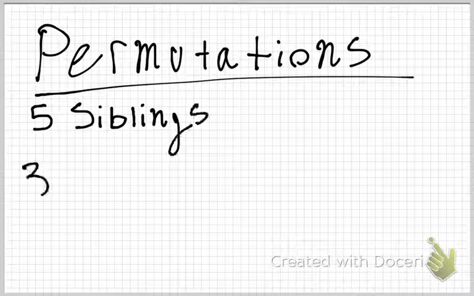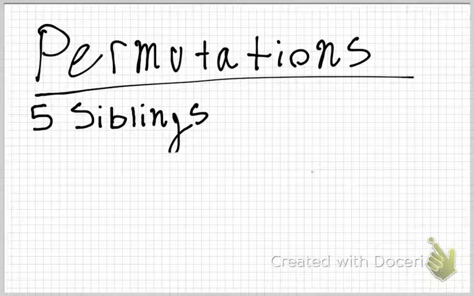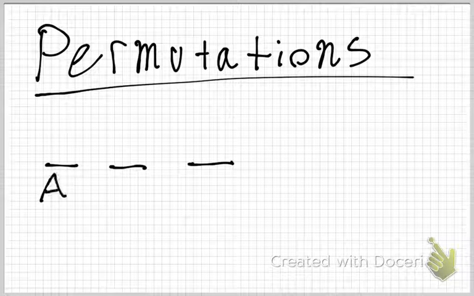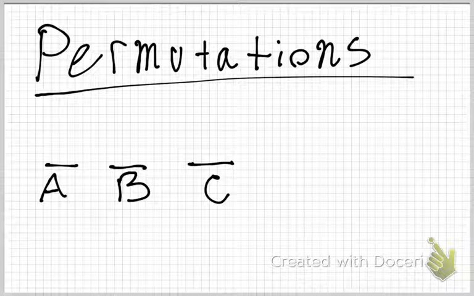All right. Just to recall, we've got five siblings and we've got three seats. I wanted to know how many ways I could seat three of those five siblings. So I had seat A, seat B, and seat C. Now for seat A, think about it. How many different total choices do we have to select for seat A?